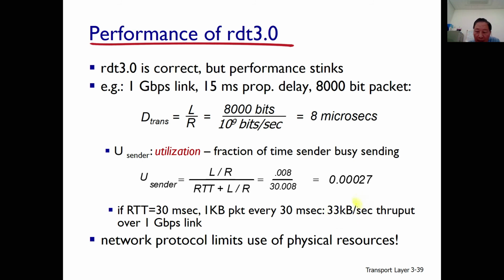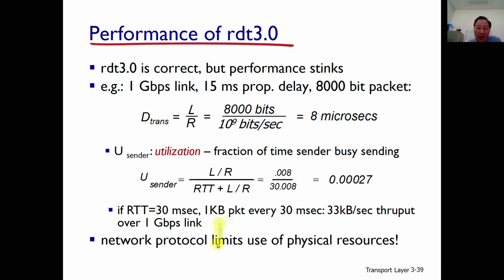In bps, multiplied with 8, around 264 kbps throughput over a 1 gigabps link. Thus utilization is so bad.